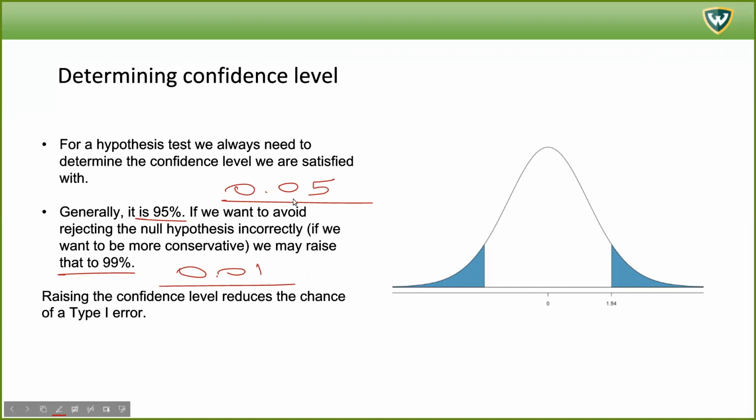And if we go with 95, we would want our p-value to be 0.05 or less to reject. Raising the confidence level reduces the chance of a type 1 error, which is to reject the null hypothesis when it is in fact correct.